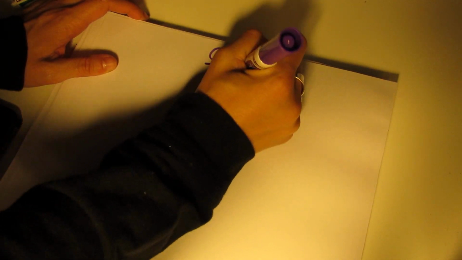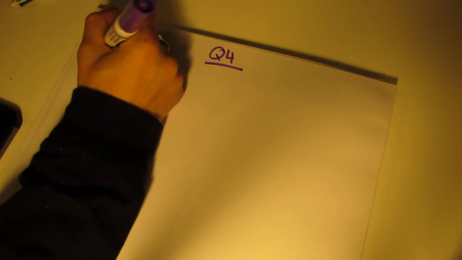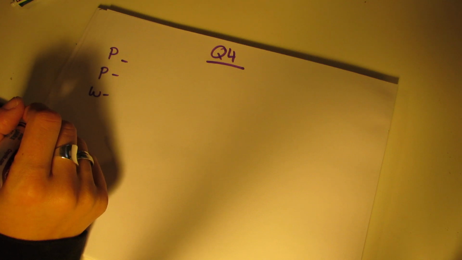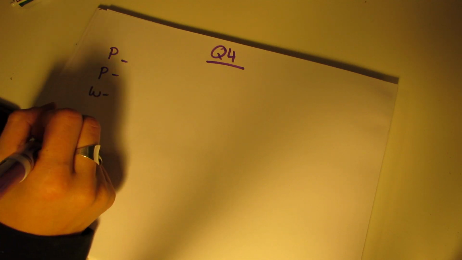Question 4 says, last night LeBron didn't make 12 free throws. Okay? If his free throw percentage was 75%, how many free throws were attempted? So I'm going to go ahead and start with the part whole. And we're going to deconstruct the word problem. So I told you the first part is you need to see what it's asking for. What is it asking you to solve for? Because you can't just make up what it's solving for.